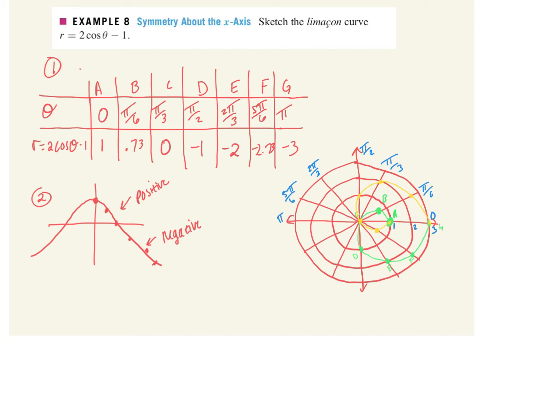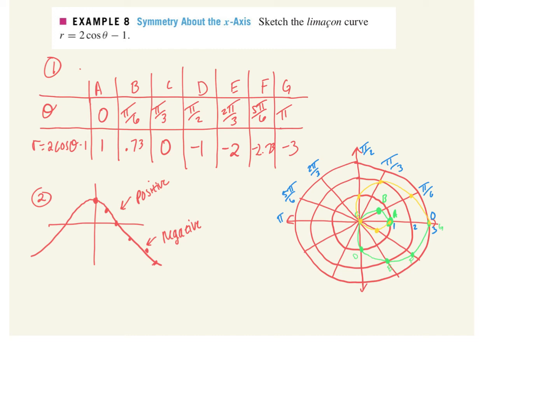If r is negative, like for point D, you would go from the left side where r equals -1 and then rotate pi over 2, instead of doing +1, right?